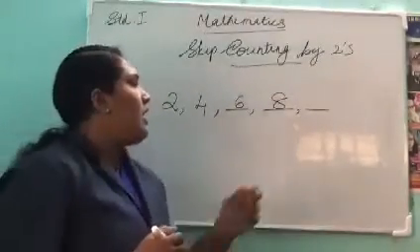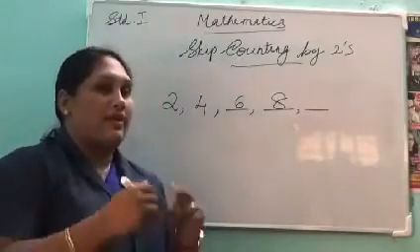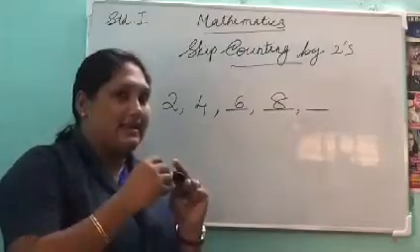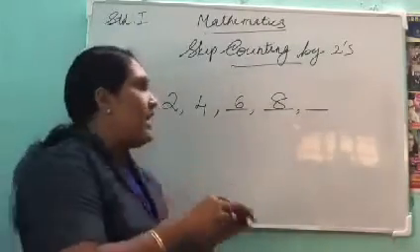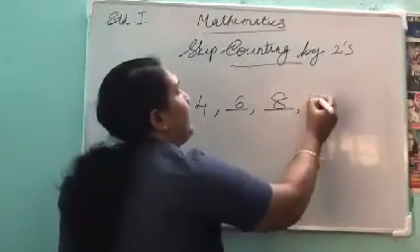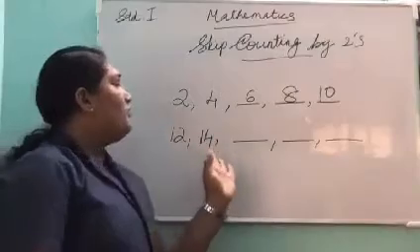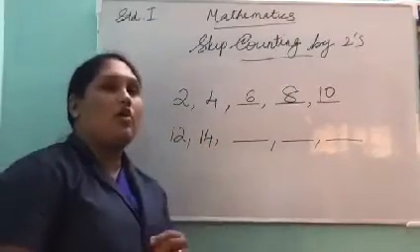Okay? Then what will be the next number? We have to count from 9. 9, 10. And we have to take the number 10 and write 10 here. What will be the next missing number? How will you count?